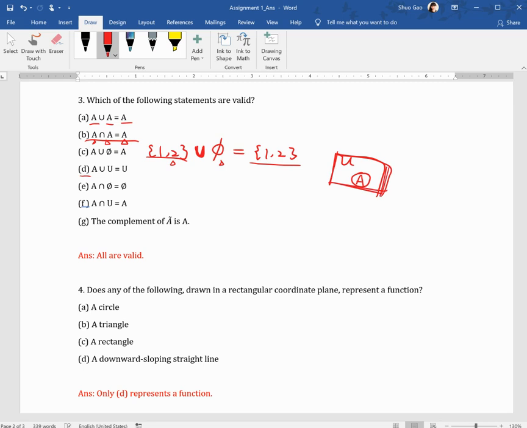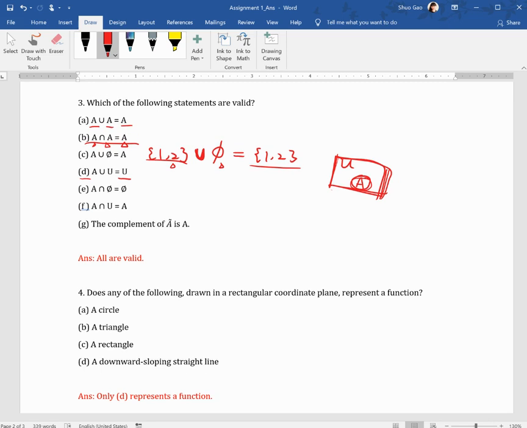The universal set is the large rectangle, and A is a small round circle in between. So a smaller set union a larger set should also become the larger set itself, right? Nothing changes. So D is also valid.